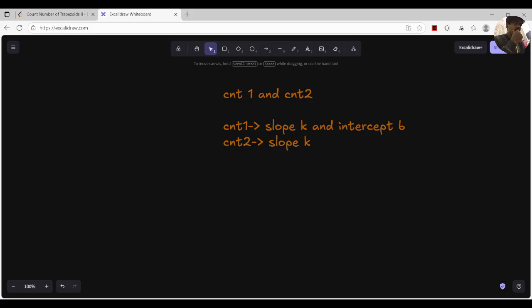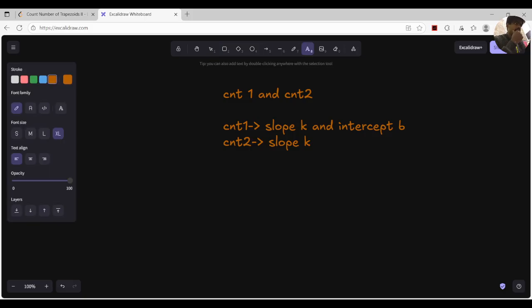So for a pair of points (x1, y1) and (x2, y2), we denote dx = x2 - x1 and dy = y2 - y1.